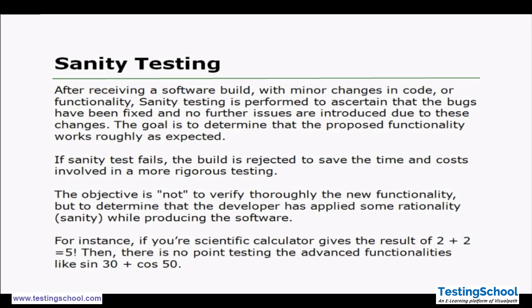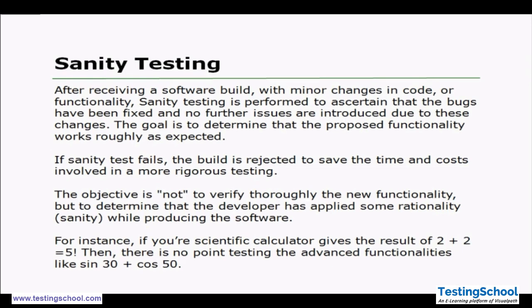But sanity testing is done in the testing environment, after a build is created and you verify that the bugs for which the build was deployed have been fixed and no further issue is introduced due to these fixes or changes. If the sanity testing fails, the build is rejected by the testing team.